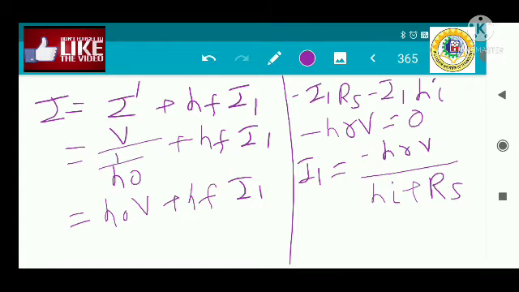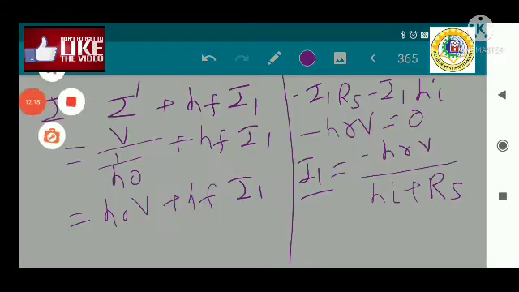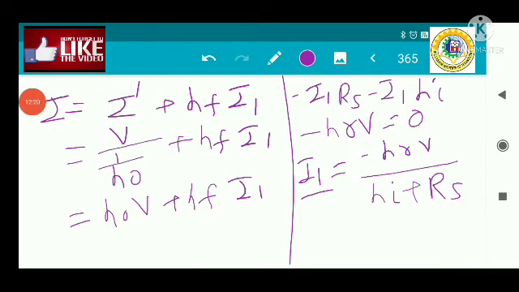Okay, so this is the value of I1. Now we want to replace the value of I1 here with this value. Okay, so you want to replace this I1 value here.